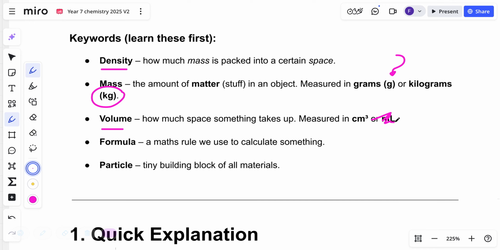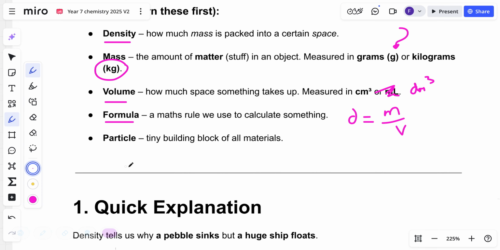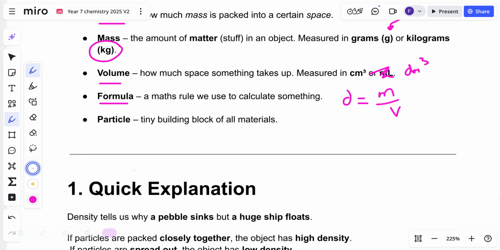We're not going to do milliliters. We're doing chemistry, so the other one is dm cubed. Formula: a rule we use to calculate something, and we know the formula for density equals mass in grams over volume. Particle is a general name that I may use when I'm talking about atoms, ions, molecules. I use the word particle because I can't bother saying all of them.